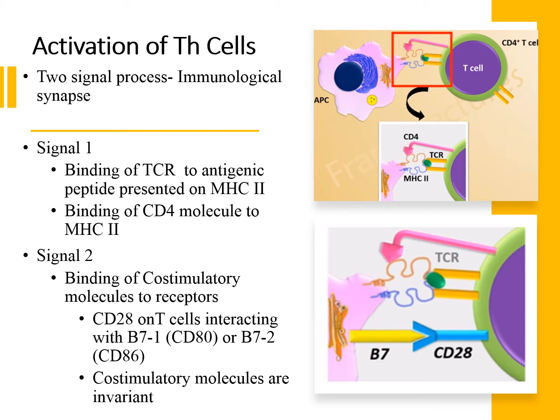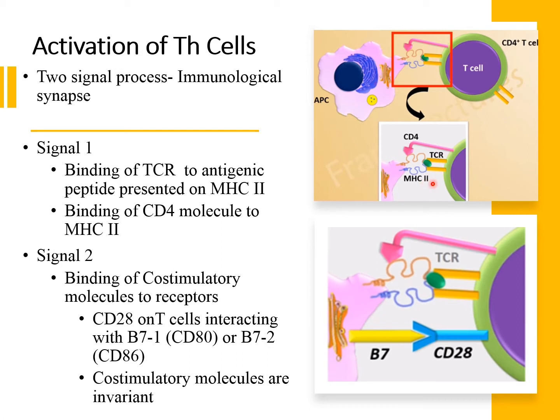Now let us study how the different types of T cells are activated. Let us first study the activation of T helper cells. This activation is a two-signal process, also called the immunological synapse. The antigen presenting cells digest the antigen and present it on the surface of their MHC class 2 molecules.